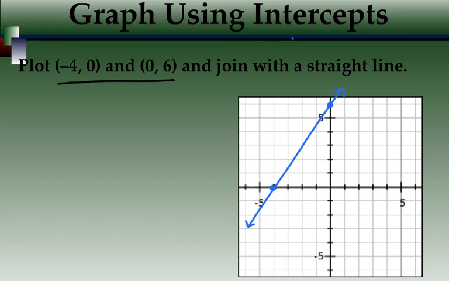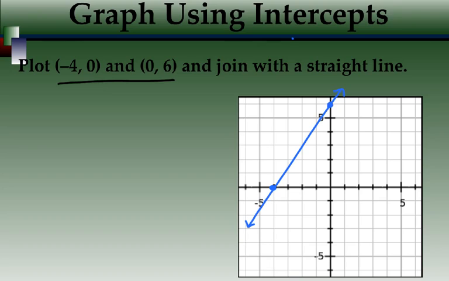Another thing we were asked to do before I leave this page is that we were asked to find the domain and range of this linear equation. Well, the domain and range of any linear equation that is not a vertical or horizontal line, meaning straight up and down or going left to right type of line, is always going to be all real numbers for both domain and range.